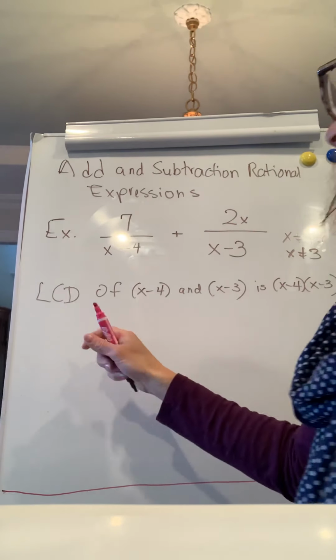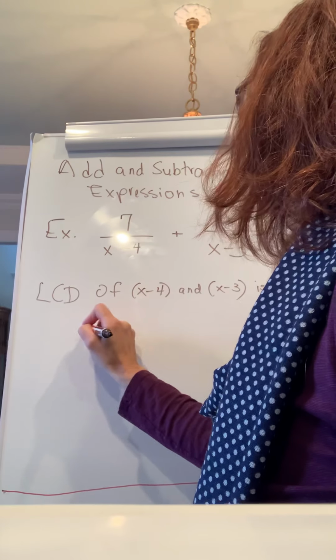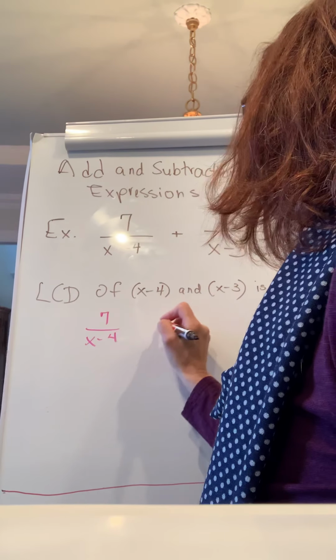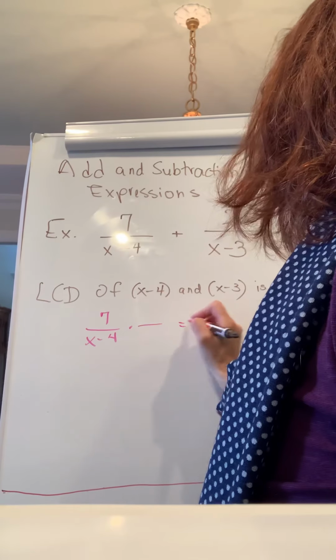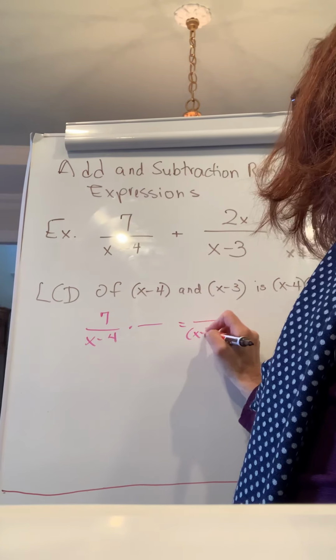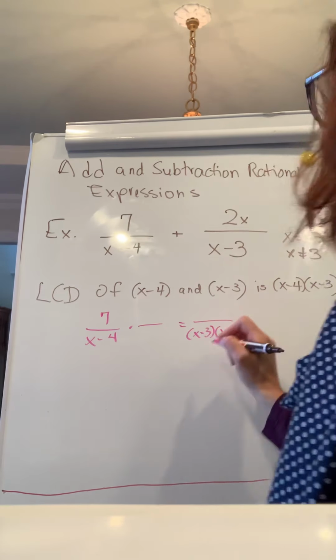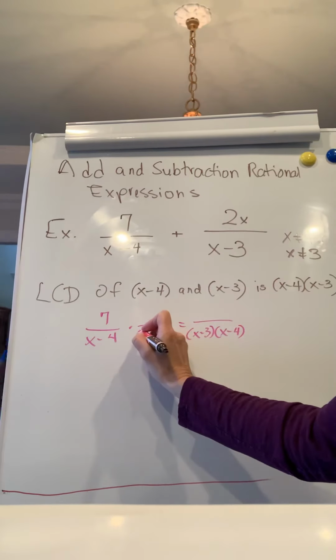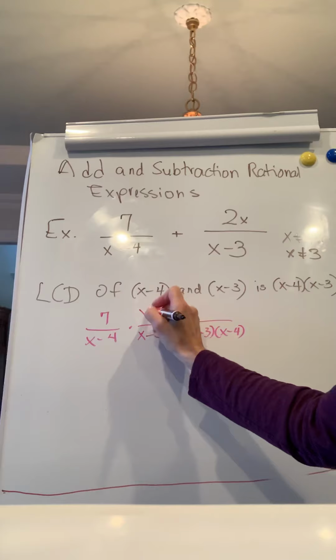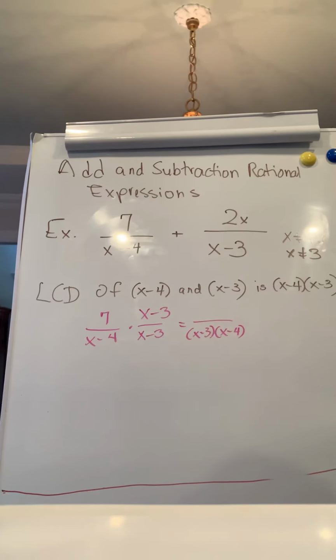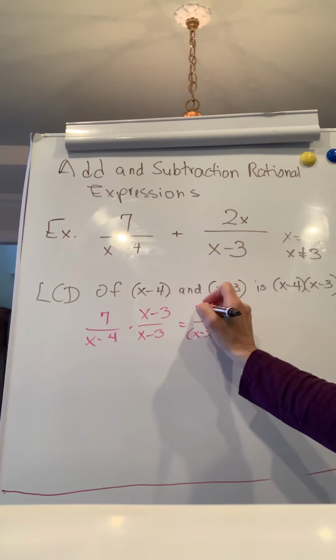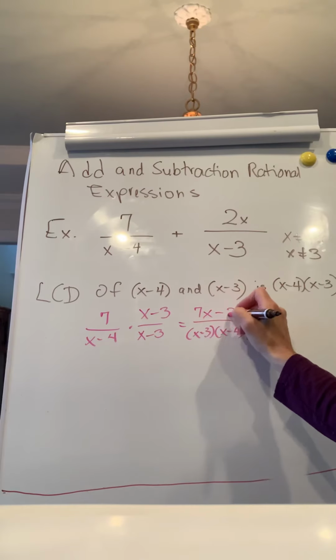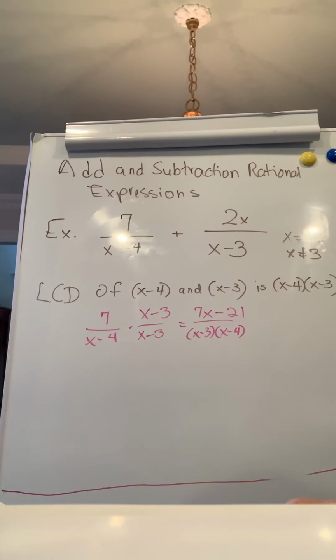All right, so now I need to put each one of these fractions over the common denominator. So what am I going to multiply 7 by and x minus 4 by to get this common denominator? I'm going to multiply by x minus 3. So on the top, I'm going to get 7x minus 21.